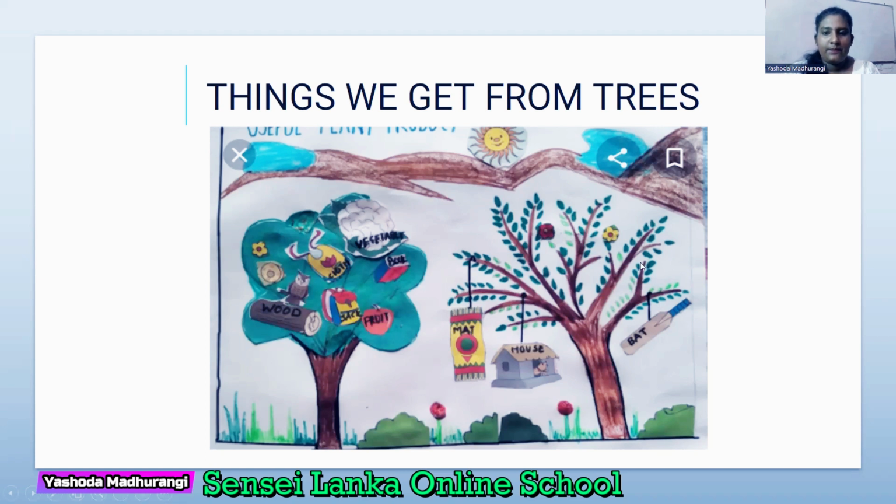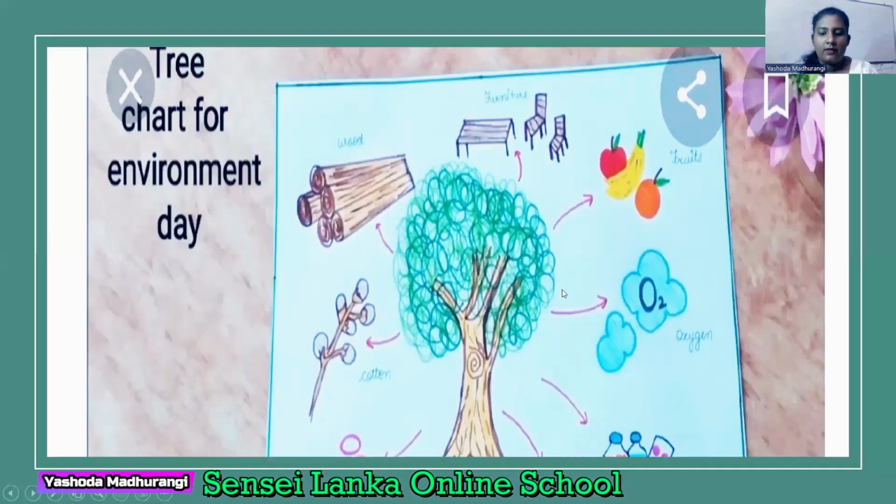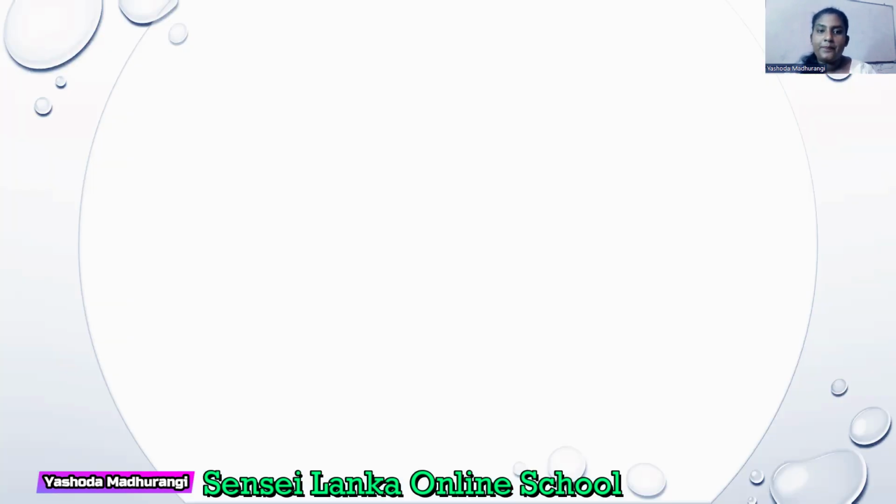And then look at this one. By using them, what can we make? By using the wood, we can make furniture. They give us fruit. We can use them as food items. They give us oxygen. Like this, you also can make a chart like this if you have free time.